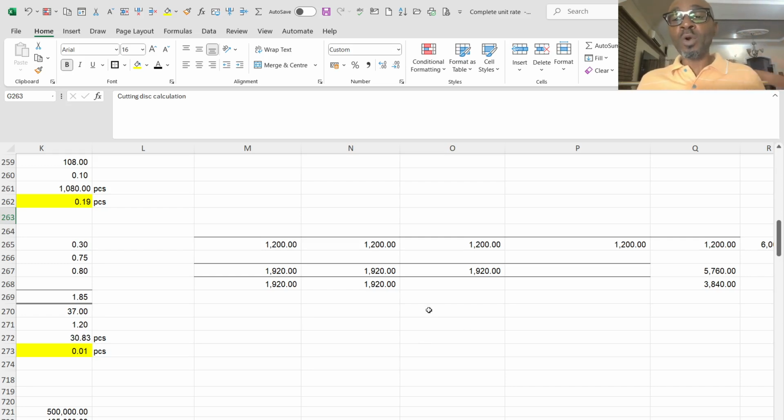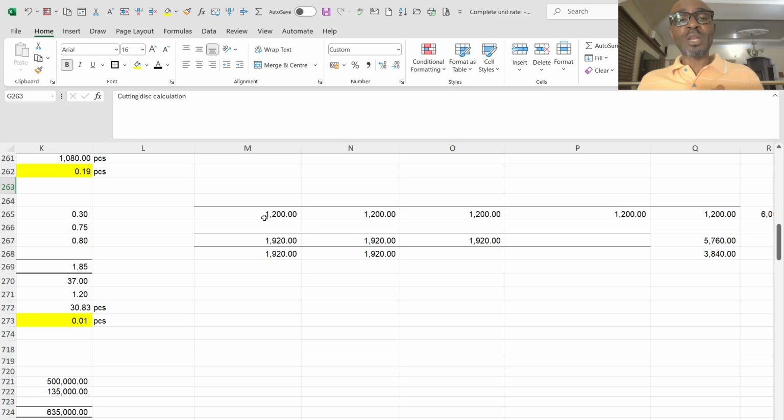Then what I did now is to say, in 6 meters, how many cuts will I make to get my 6 pieces? So I assume from this vertical line to this vertical line to this vertical line is each cut. My first cut from the beginning is 1.2, and I'm cutting here 1, here 2, here 3, and here 4.